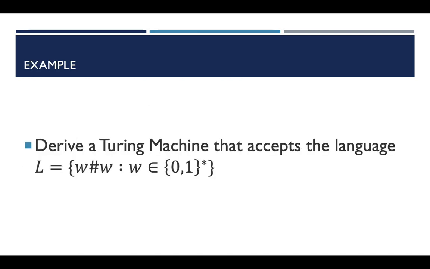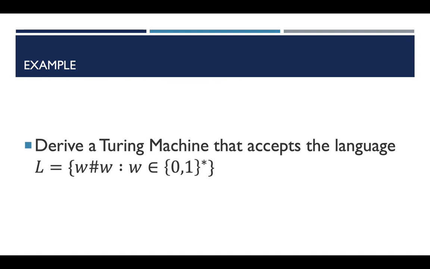So the example that we want to motivate this entire idea with is a language that consists of any series of zeros and ones suffixed with a pound sign or a hash sign, and then that same combination of zeros and ones appended to the end of it. You can fairly easily convince yourself that this is not a regular language.